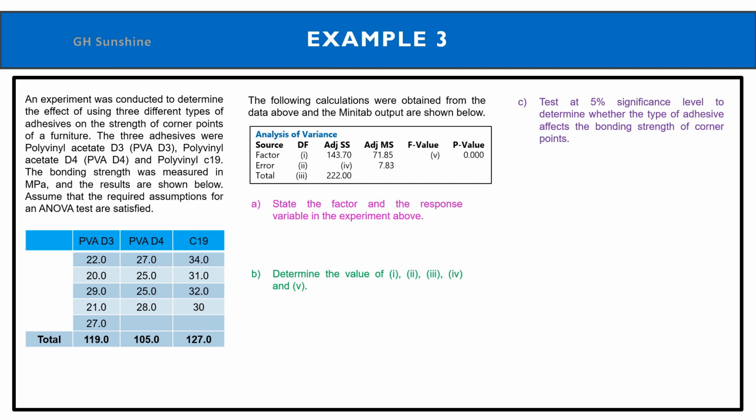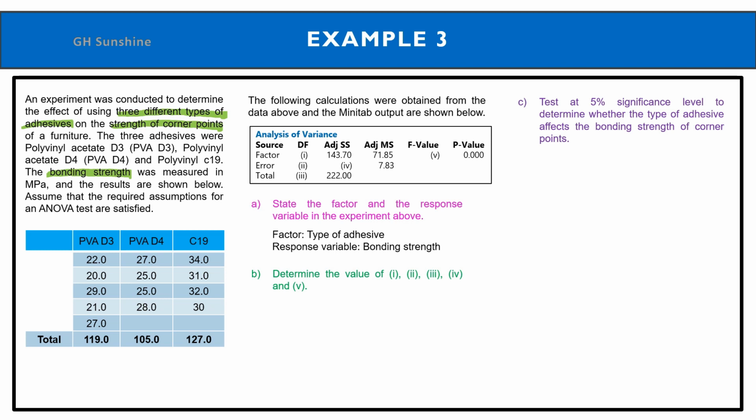An experiment was conducted to determine the effect of using three different types of adhesive on the strength of corner points of furniture. So factor is type of adhesive. Meanwhile, the response variable is bonding strength. Here, the bonding strength.